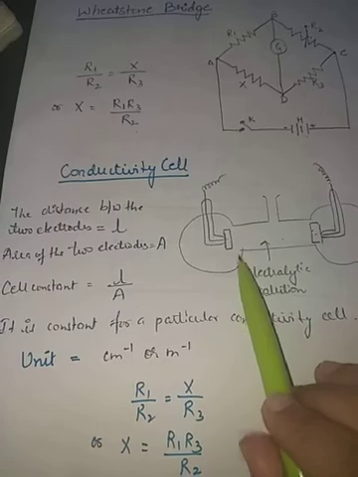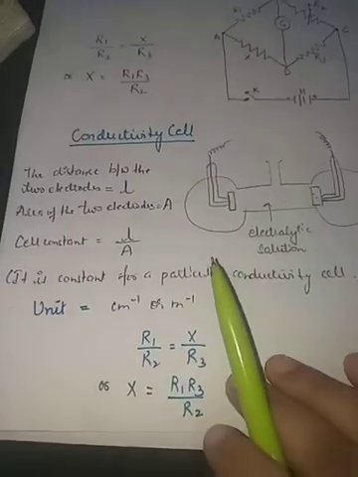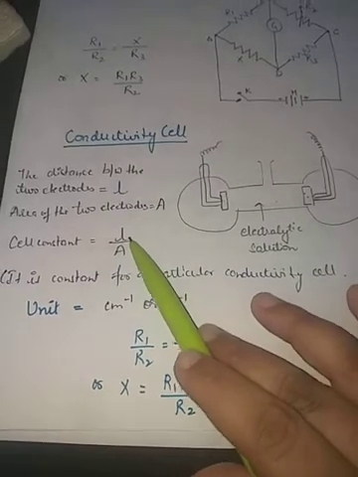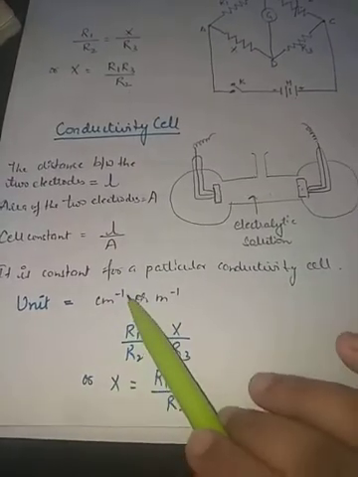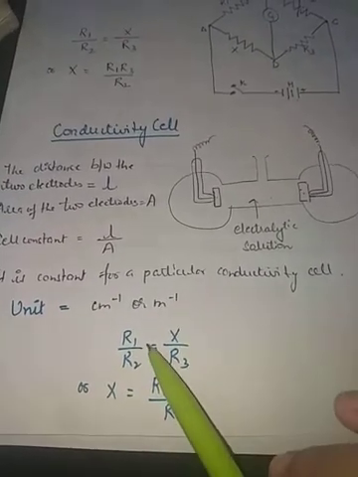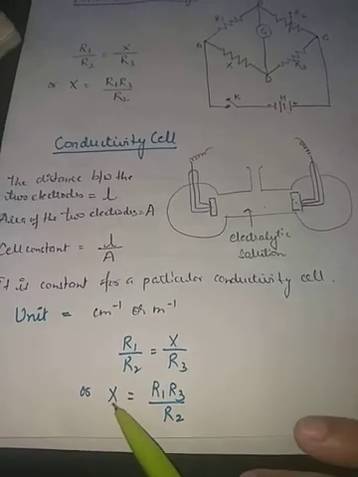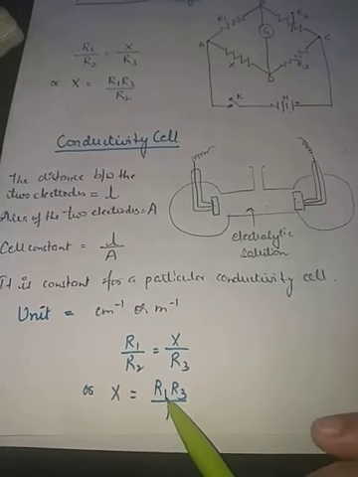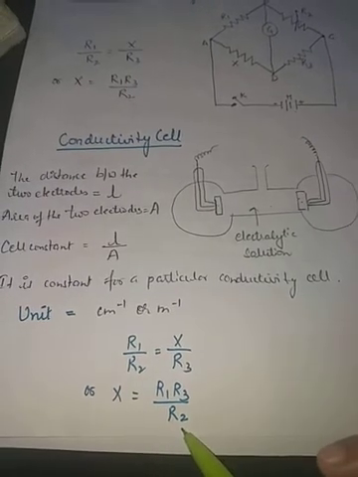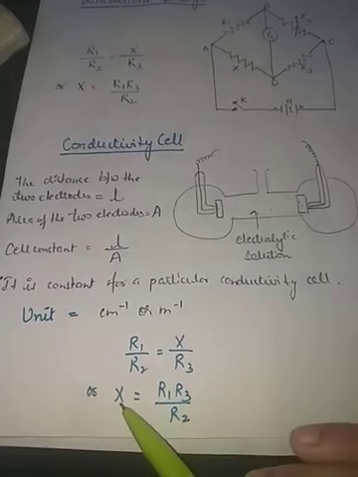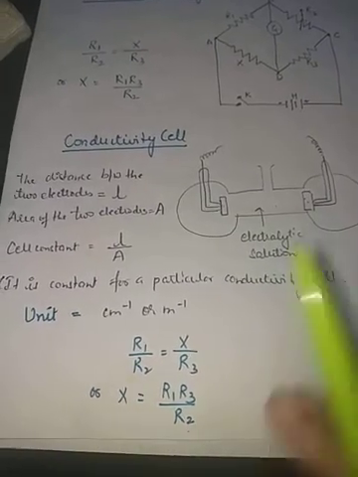Its unit, since it is L by A, will be centimeter upon centimeter square, or centimeter inverse, or meter inverse. R1 upon R2 equals X upon R3, or X equals R1 R3 upon R2. With the help of this formula, we'll calculate the value of X.